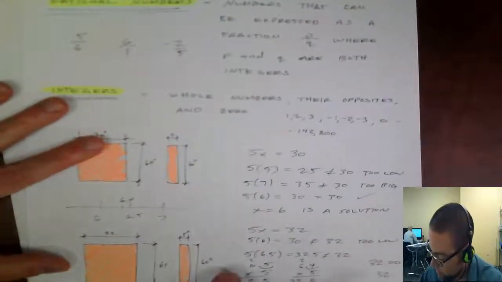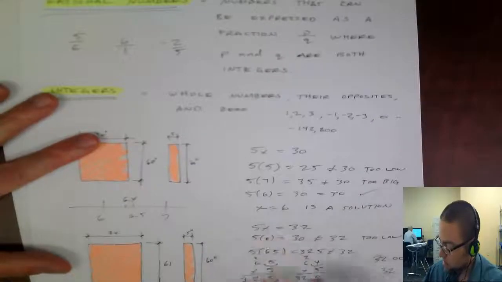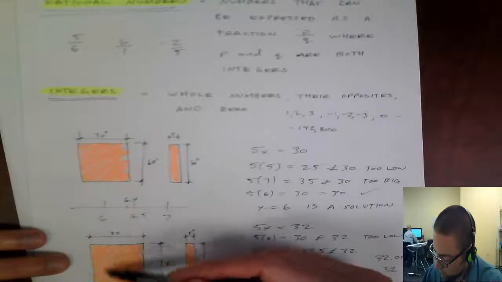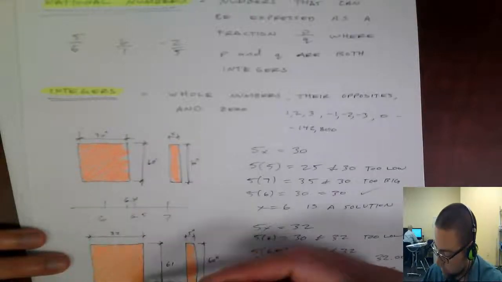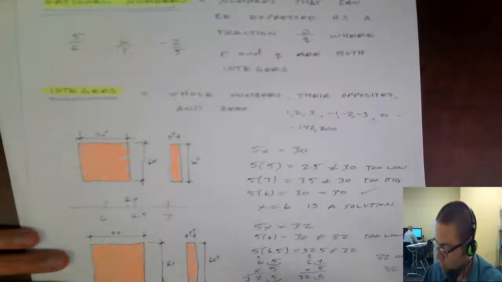Okay, so back to our problem here. So 5x times 32, so 6.4 worked as an answer. What I would do is stack 6 of these boards together, and then what's 0.4 of a board?